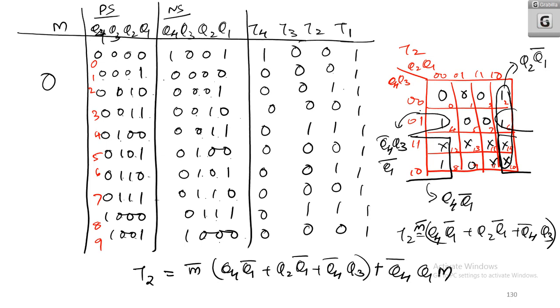Now similarly you can derive the expressions for T2, T1. T1 is already 1. And you have expressions for T2. Now you can derive expressions for T3, T4, etc. and find the result.